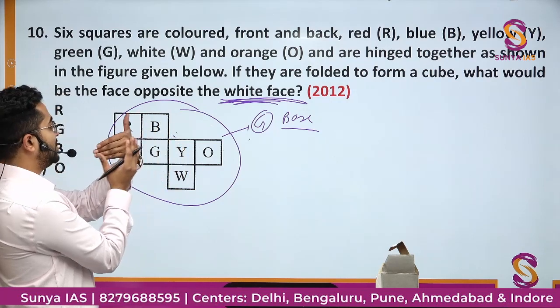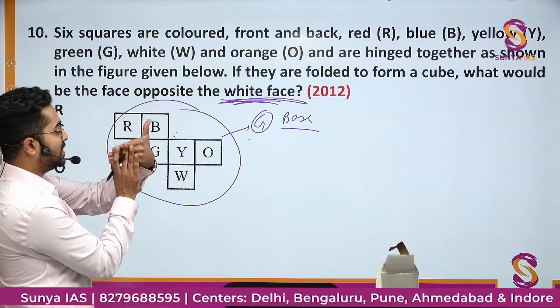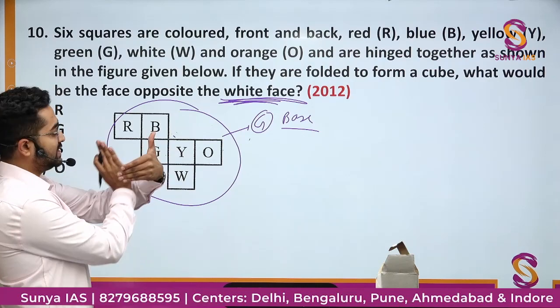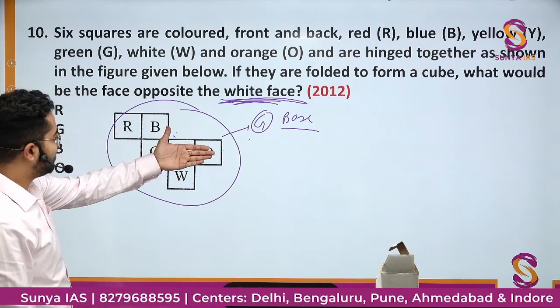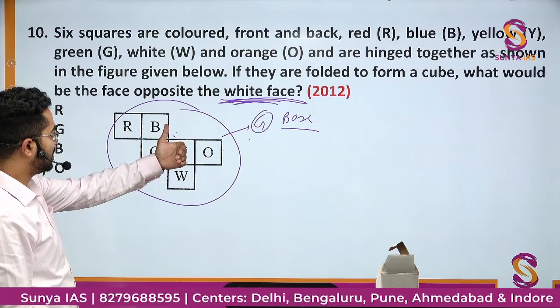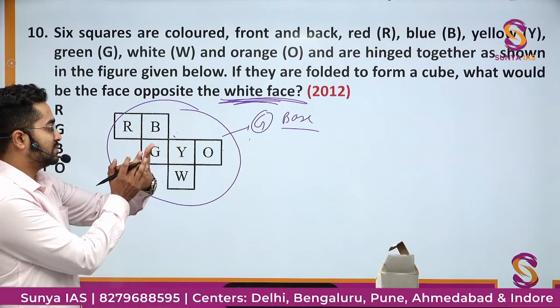Now I also folded the whole Y like this. So you can see O is at the top, this is Y, and G is at the base. Getting any point? If G is the base, Y and O are there. First I folded O and then also folded Y, then it becomes like this.